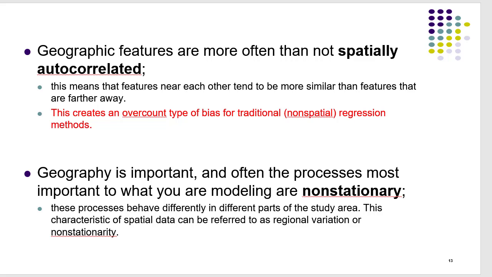Some spatial regression methods deal effectively with the first characteristic, spatial autocorrelation, while others deal effectively with the second one, non-stationarity. And at present, no spatial regression methods are effective for both characteristics. For a properly specified geographically weighted regression model, however, spatial autocorrelation is typically not a problem. So that's why we're talking about it today. We're moving toward geographically weighted regression.